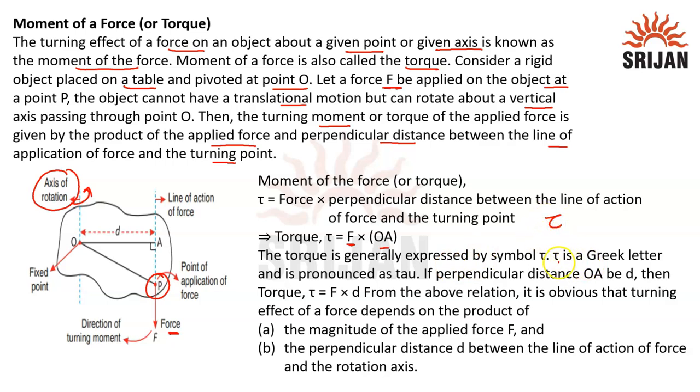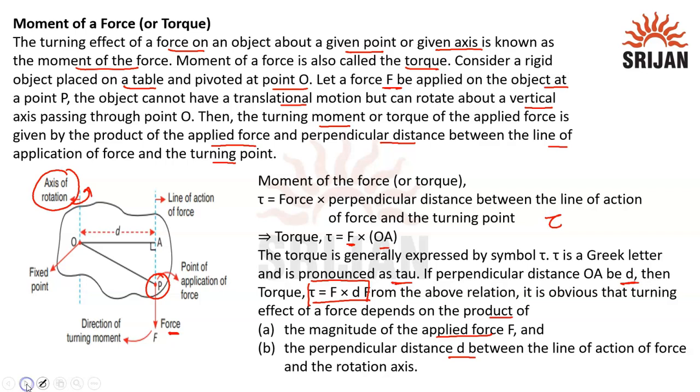This is a Greek letter which is pronounced as tau, and if the perpendicular distance is d, then tau, that is torque, is F into d. From this relation we can tell that the turning effect of the force depends on the product of the magnitude of the applied force and the perpendicular distance d between the line of action of force and the axis of rotation.